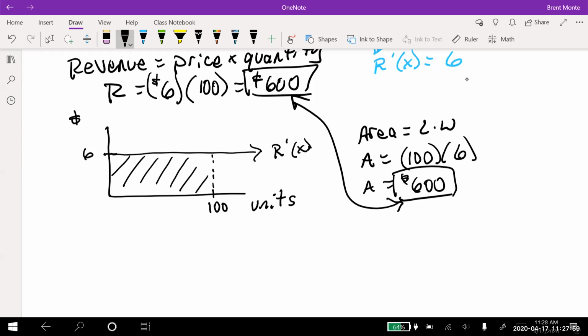And so if you notice what's happening, the area under the derivative function is the parent function, the original function. So let's state that.